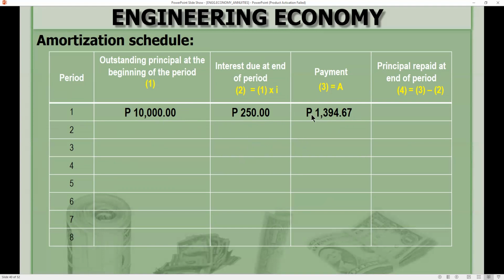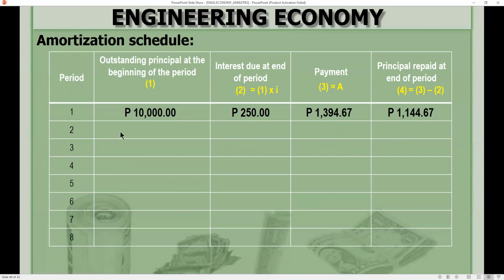So, of the 1,394.67, 250 is the interest. So if you deduct 250 from 1,394, the result is this. This is the amount you repaid to the capital, the principal. It is net of the interest already deducted. So this is the repayment of the principal.